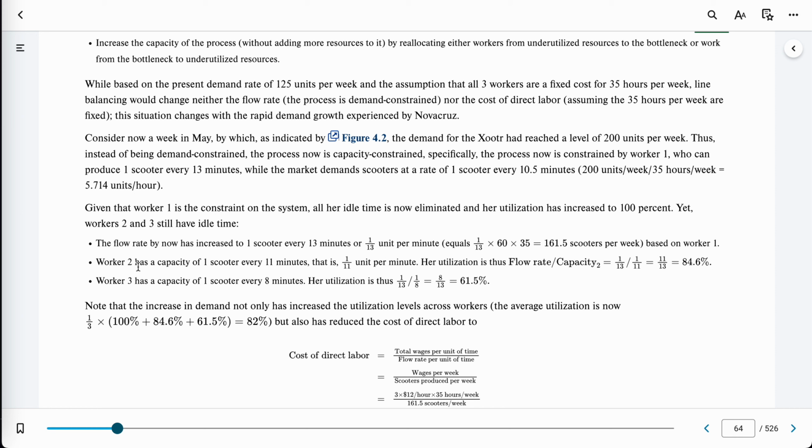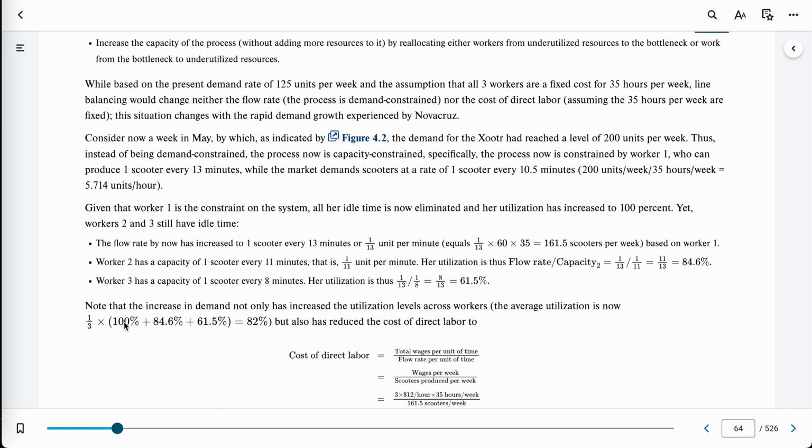Even there, if you calculate the utilization, if you do the maximum that you can do with the bottleneck, you'll notice that the utilization for the first activity will be 100%, but for the second activity will only be 84.6%, and the third activity will be 61.5%. That's based on the 13 minutes that you can do.